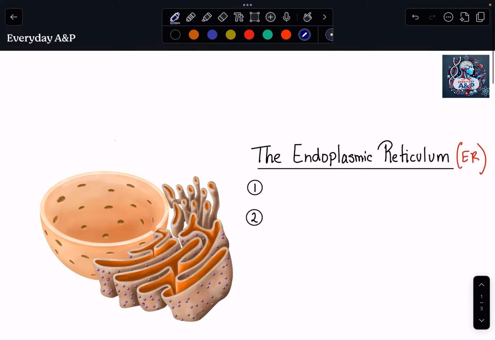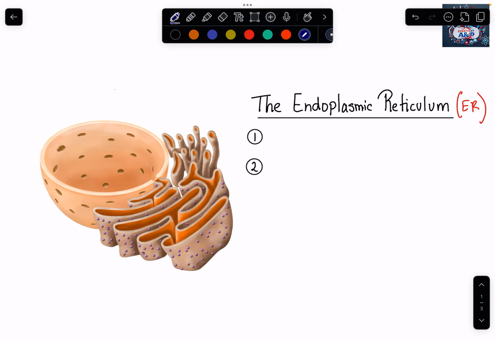Alrighty, so as you can see from this picture, we have two types of endoplasmic reticulums. We have one that has these little circle-shaped structures on them, and then we have another form that doesn't have that.